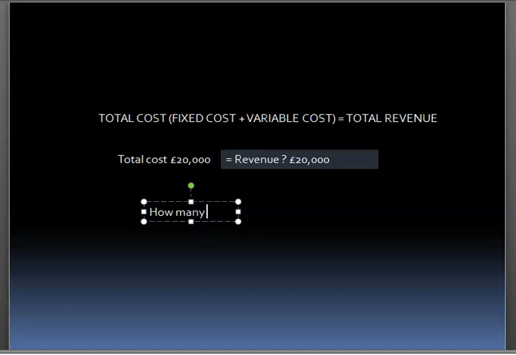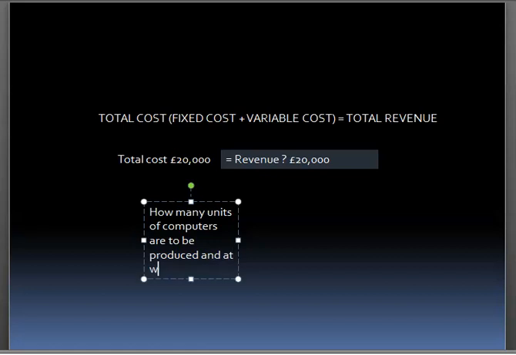How many units of computers are to be produced and at what price before they can make the £20,000 total cost back?